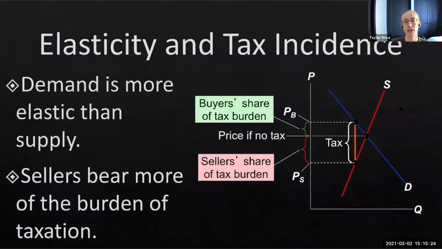Yeah, so without seeing the exact question, what they were trying to get at was to see which are the buyers in the market. Do they have a more elastic demand curve, or do the sellers? Whichever one has the more elastic curve is going to bear a larger portion of the burden.